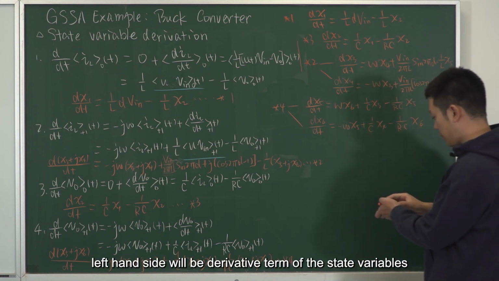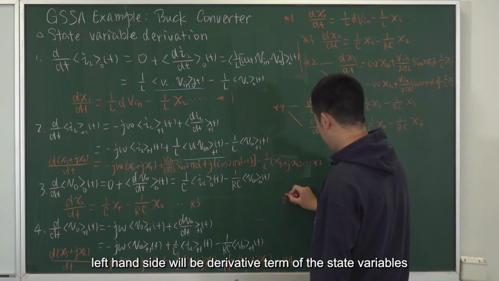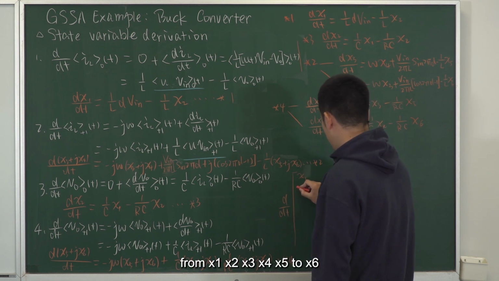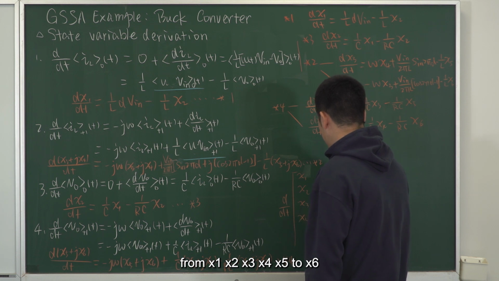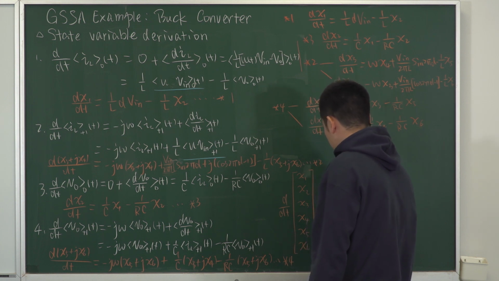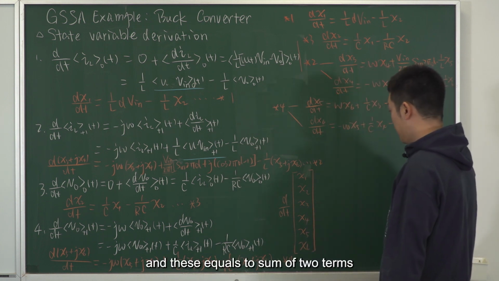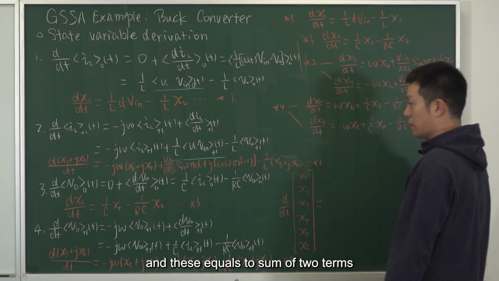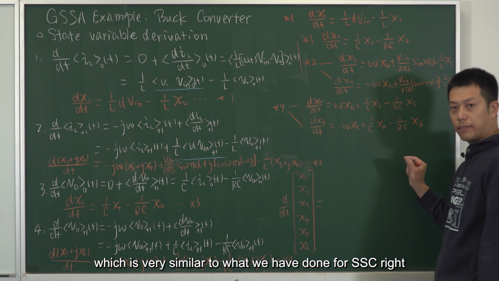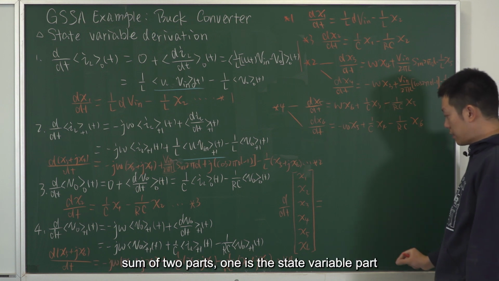The left-hand side will be the derivative terms of the state variables x1, x2, x3, x4, x5 to x6. And this equals the sum of 2 terms, which is very similar to what we have done for SSA, right? Sum of 2 parts.